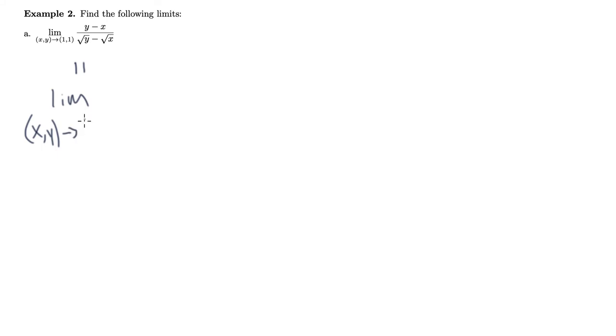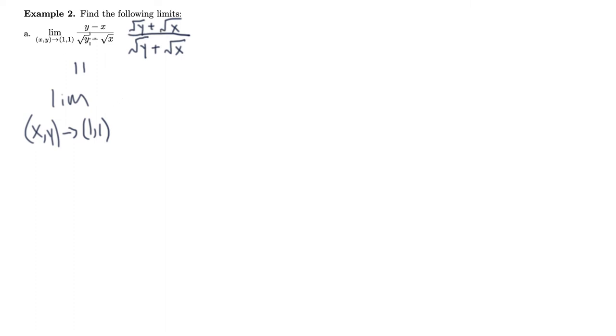And what I'm going to do is multiply by the conjugate of this bottom right here: square root of y plus square root of x, over square root of y plus square root of x. And now there's one problem when x and y are 0, but I'm only considering values of x and y that are really close to the point (1, 1).